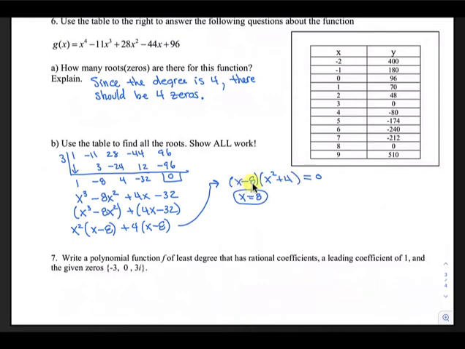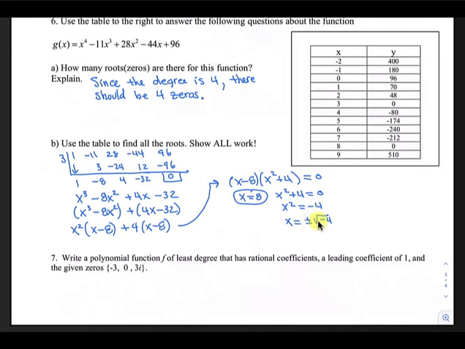The x minus 8 set equal to 0 would give us x equals 8 as a 0. Now we take the x squared plus 4, set that equal to 0. We'll subtract 4 from both sides, and then we're going to take the square root.